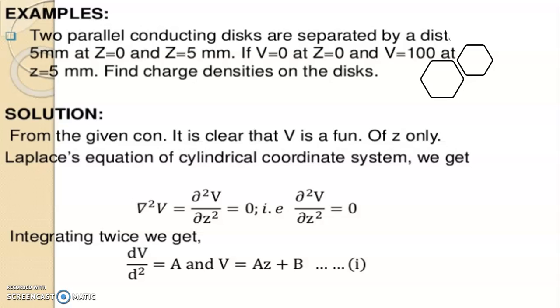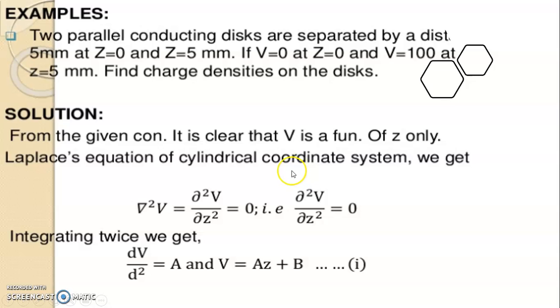So assume one cylinder in which the distance between the discs is 5 mm. At the bottom surface, we have z is equal to 0 with V is equal to 0, and at z is equal to 5 mm the value of potential is 100. So here the z coordinate comes into the picture.